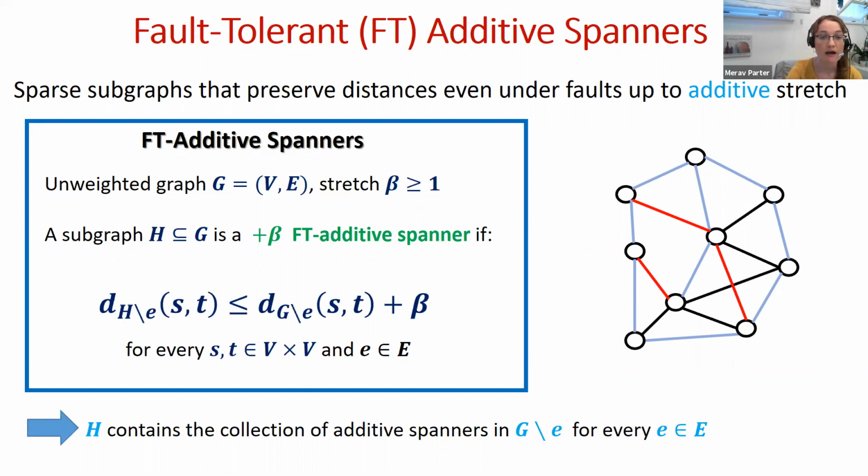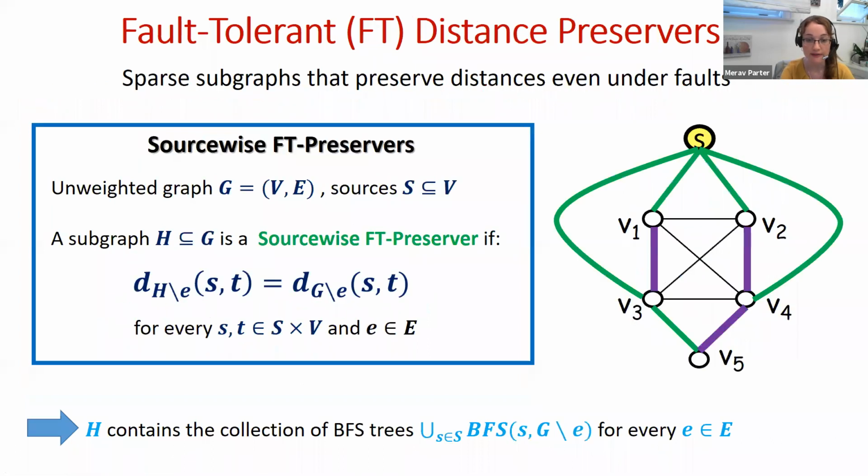In particular, a fault-tolerant additive spanner for a given unweighted graph is a subgraph H that satisfies the following for every pair of nodes S and T. Their distance in H minus the fault is at most their distance in G minus the fault plus beta. And this should hold for every pair S and T and for every edge E that fails. Both these definitions, as I stated them, are for a single fault for simplicity, but of course you can extend them to any number of faults.